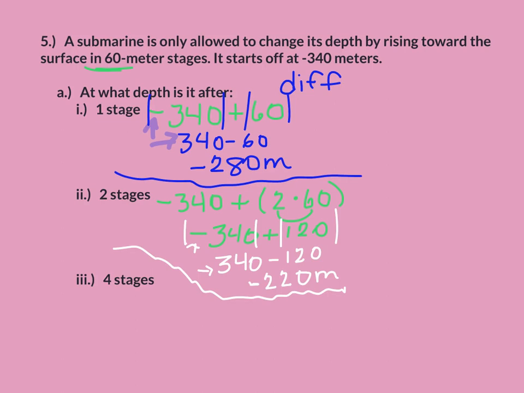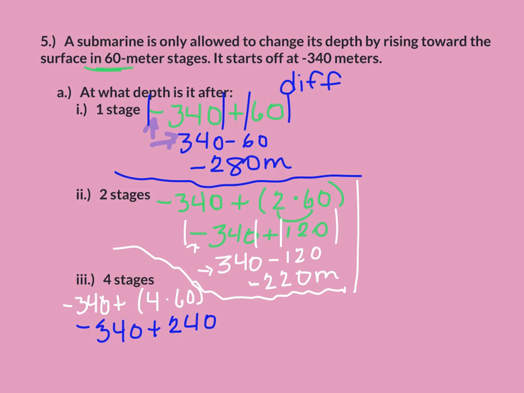Okay, 4 stages. Well, I'm going to follow along and use the same format that I did for my last one. So I'm always going to start at negative 340, and then I'm going up, so I'm going to add to it 4 stages of 60, so that would be 4 times 60. That would be 240, so that would lead me to negative 340 plus 240.